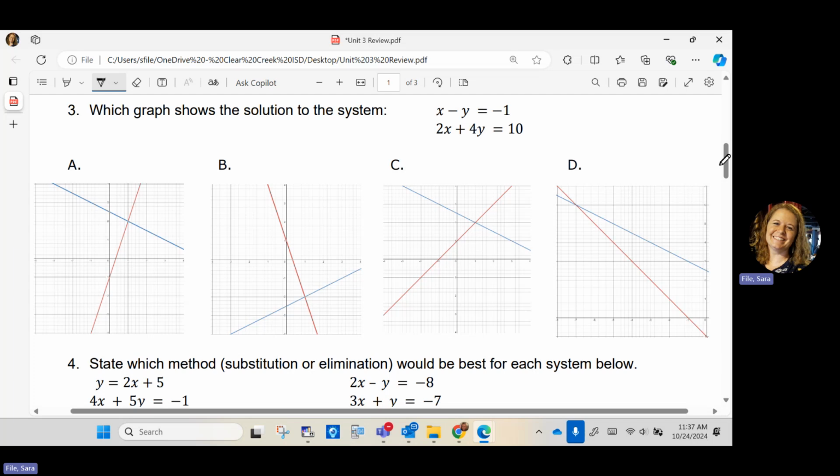Because remember, when we have our equation in this format, y equals mx plus b, we can see the y-intercept and we can see the slope. Remember, slope is your rise over run. So I want these equations over here. I want these to be written as y equals so I can see which graph it's supposed to be.